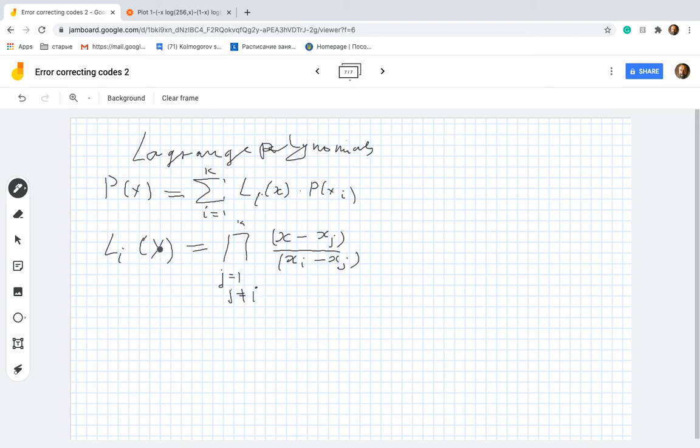And this polynomial has the following feature. If we substitute xi for x, everything cancels and we obtain Li of xi is 1.